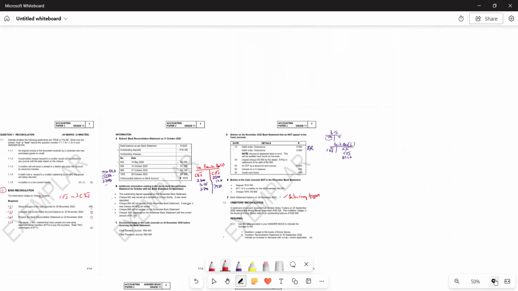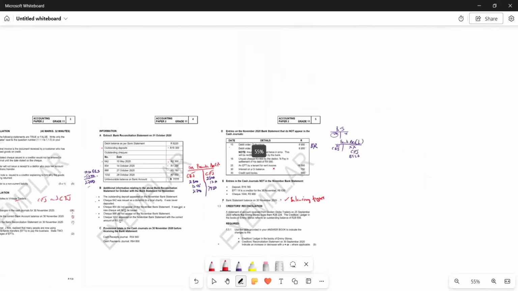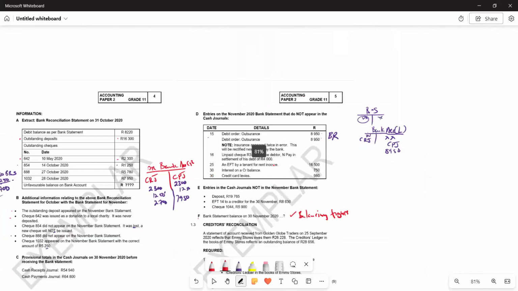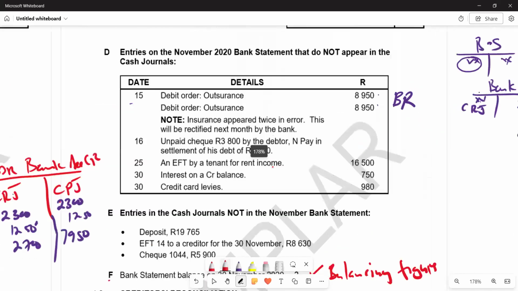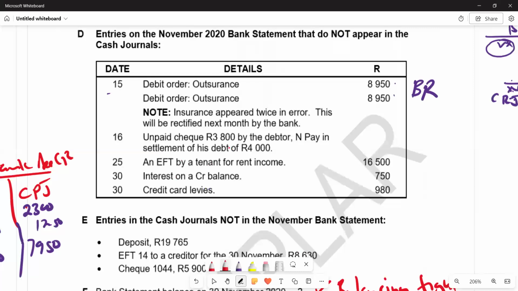We'll try to see what we have next. Right, so we are here. The next item that we are going to look at is on the 25th, which is an EFT by a tenant for rent income of 16,500.